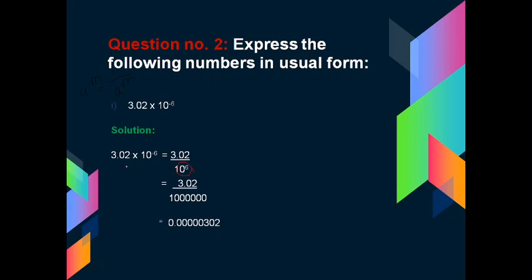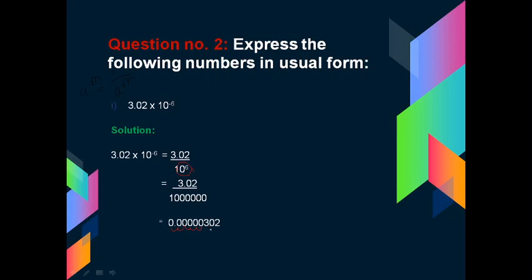Now if you want to convert it directly, then also you can. How will you write it? Before 3, place 6 zeros, as here 10 raised to the power 6 is given. That is 1 2 3 4 5 and 6. Now shift the decimal which is given after 3.